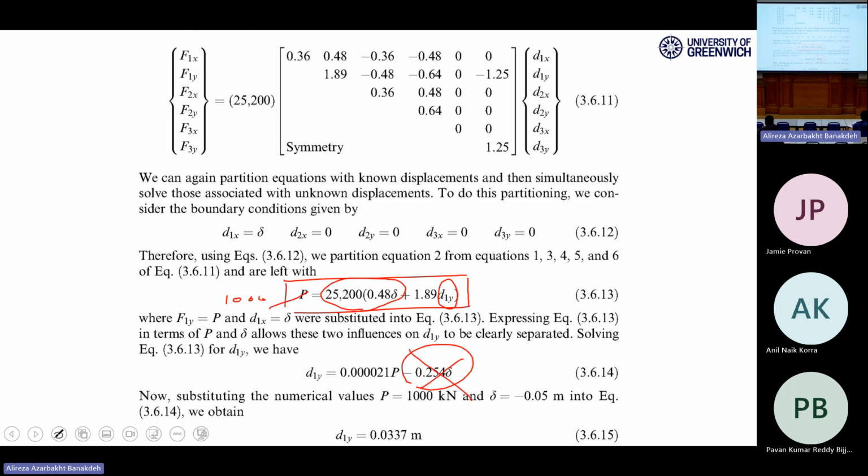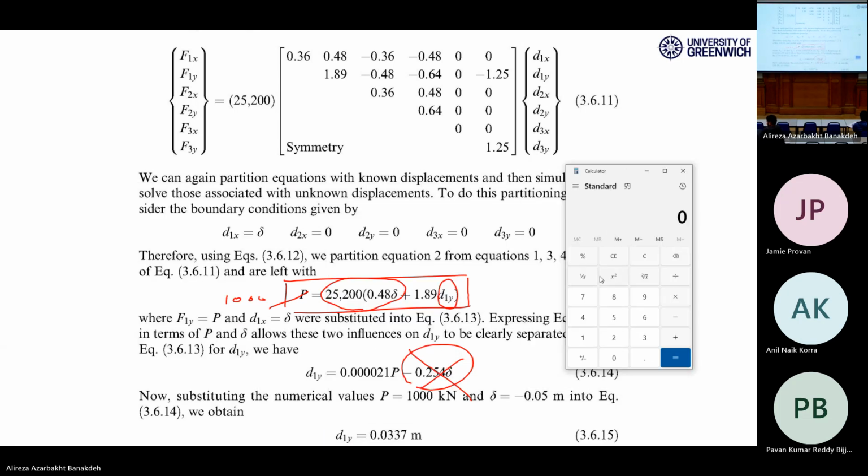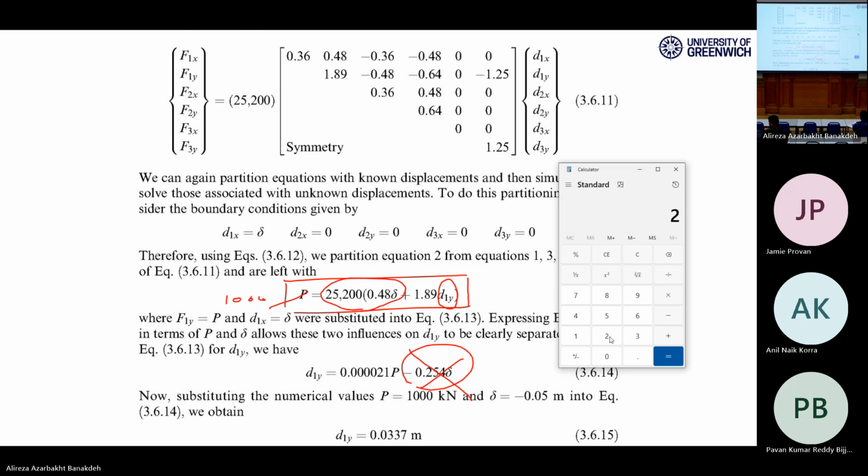Okay, you need to calculate this one. What is it? What? Yeah.